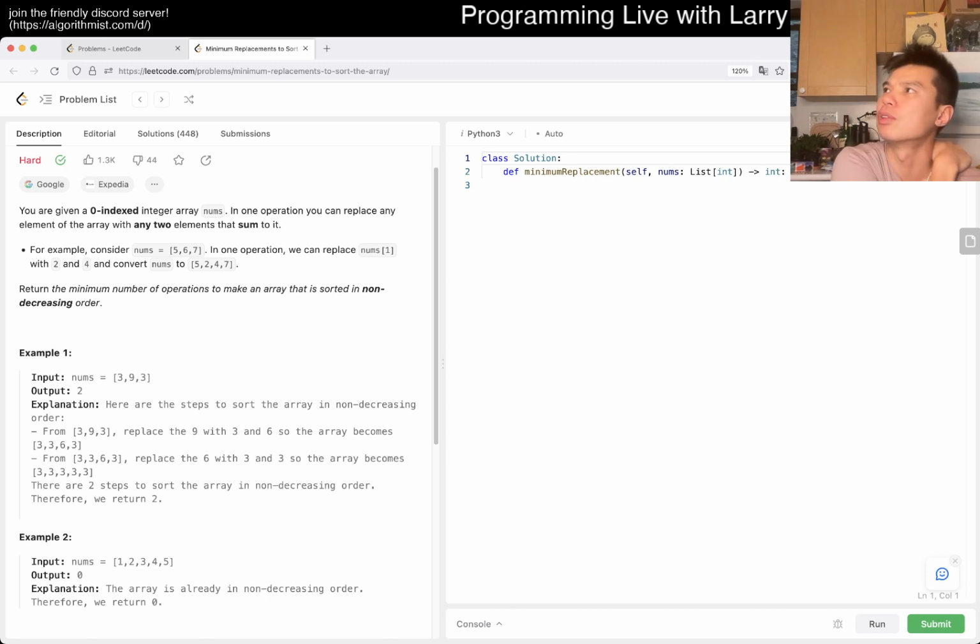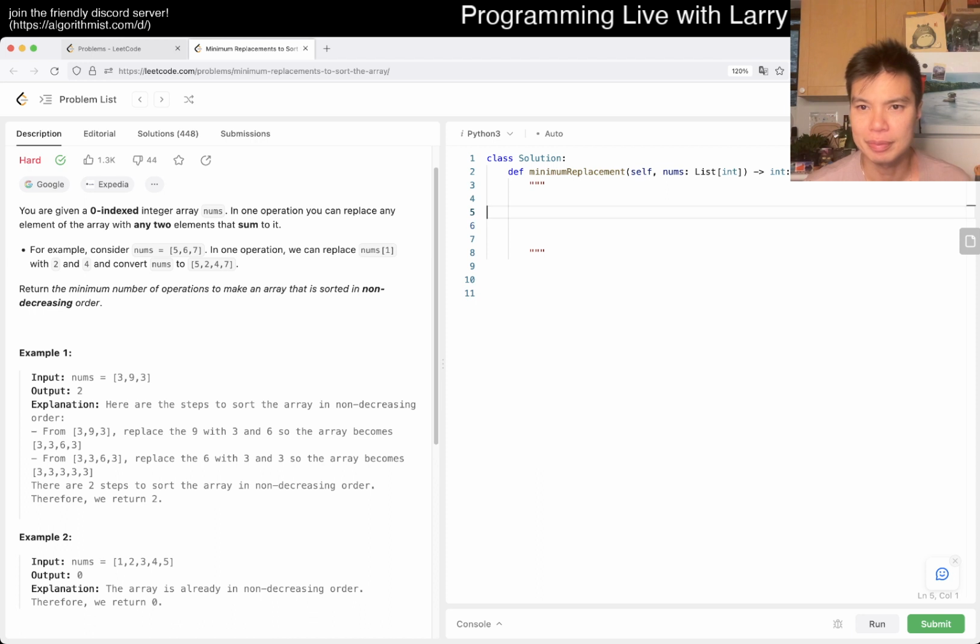Is that always true? No, because, okay, I see. Because you can have a case that is something like... or I mean, it may be. I think the idea is probably in the right direction. You can't just do a random greedy, I guess.